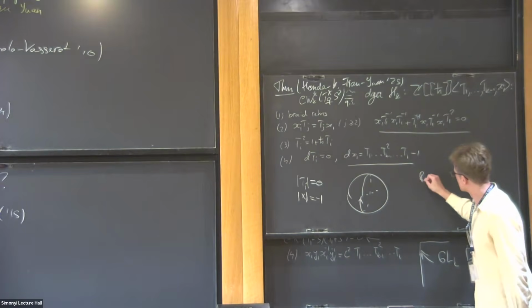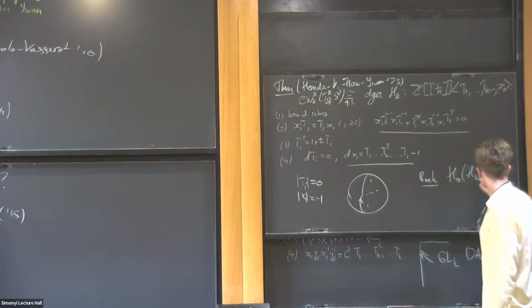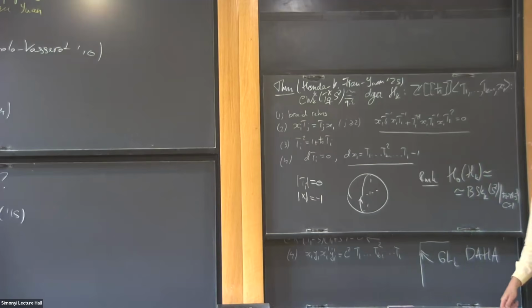In particular, H0 of HK is isomorphic to the braid skein algebra of S2, where you specify h bar equal to S minus S inverse and C equal to 1. So this invariant sees more than what the skein theorists tell us, and it would be interesting to see an interpretation of this derived invariant from a quantum topology perspective.